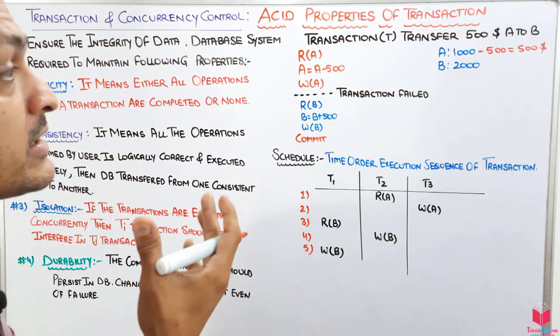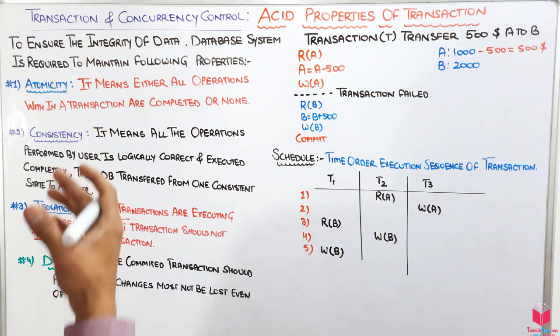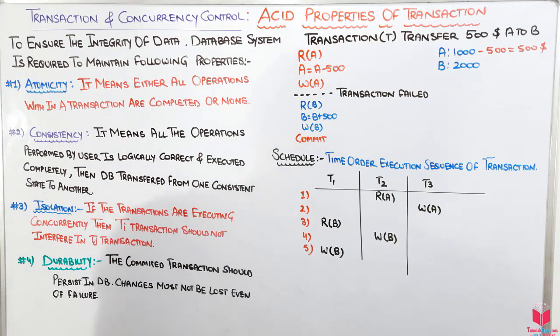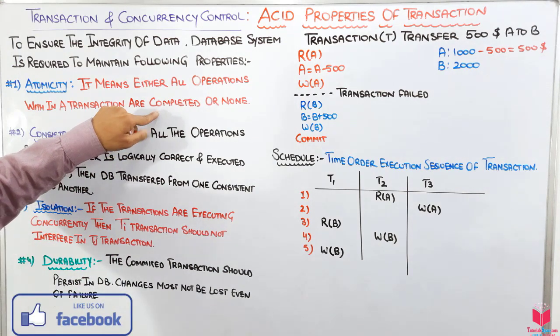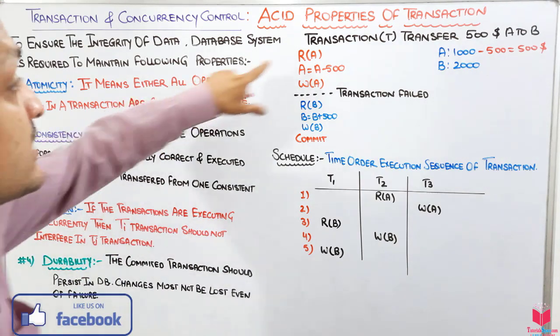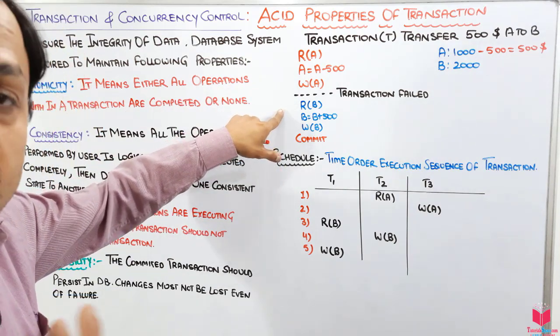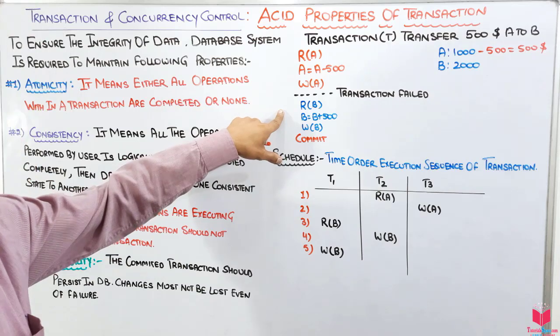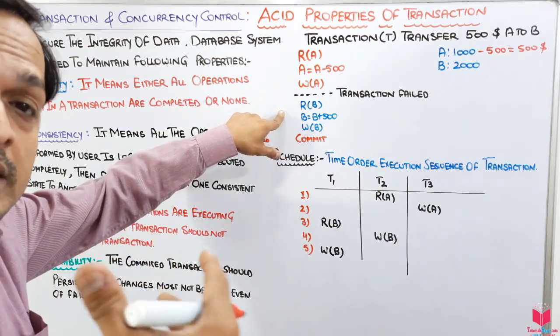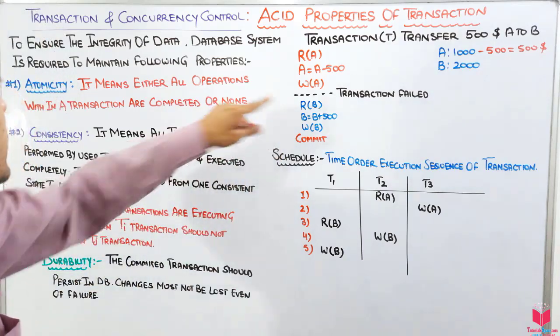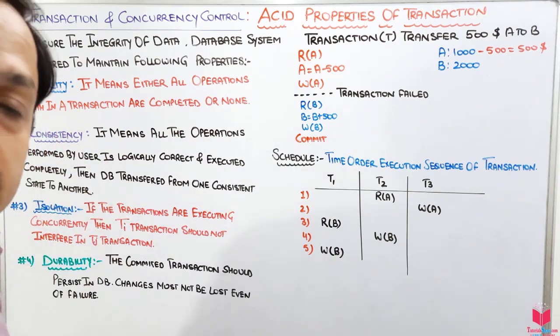So this is called inconsistency, or we are ruining the integrity of data. That's why, if it follows atomicity, the transaction should be completed or nothing should happen in that transaction. So atomicity will maintain the integrity of the data.